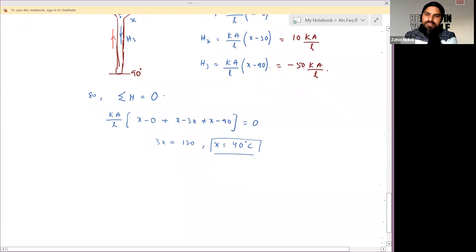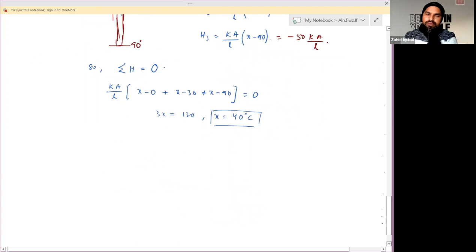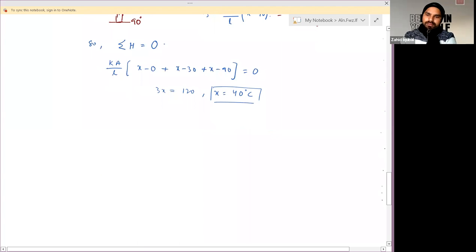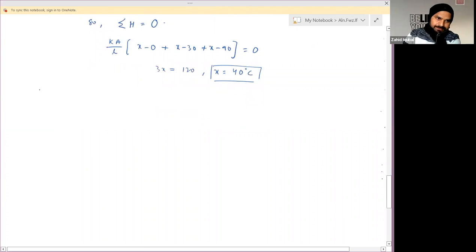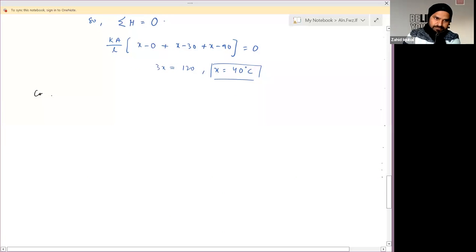Next, we have to calculate combination of rod in series and parallel. So next is combination of rod. First is series combination.